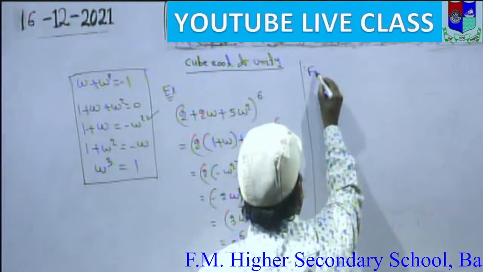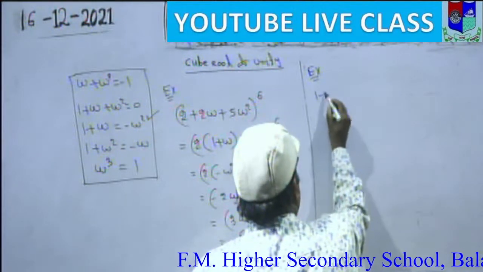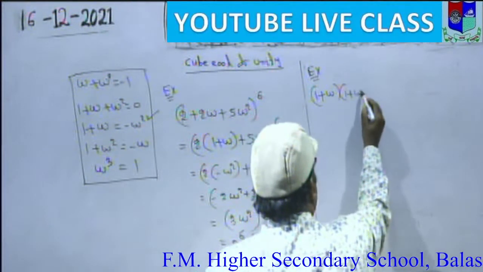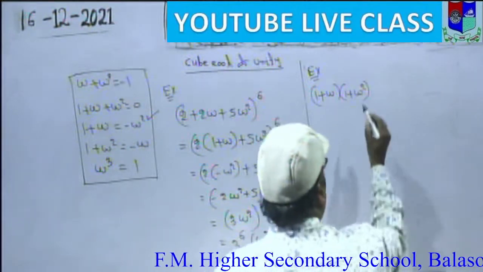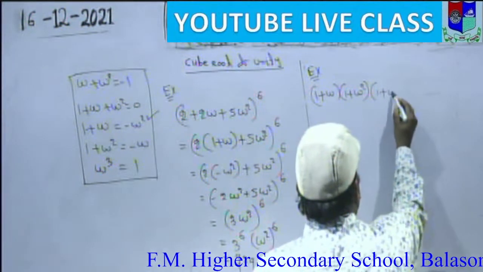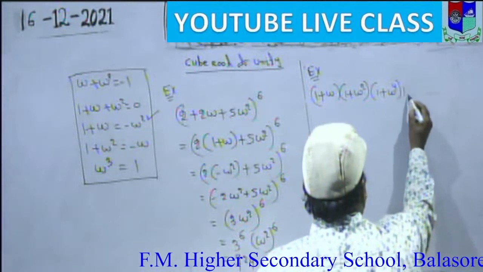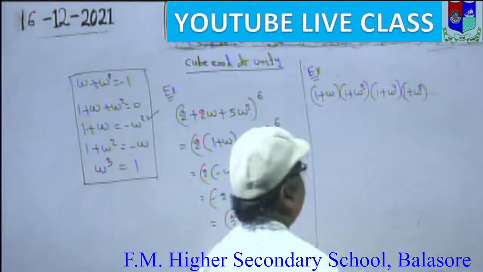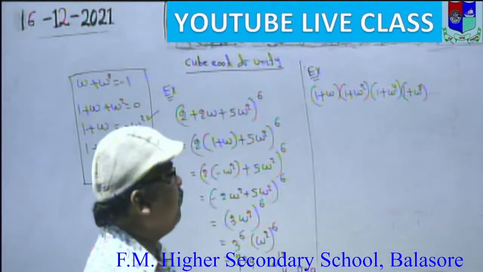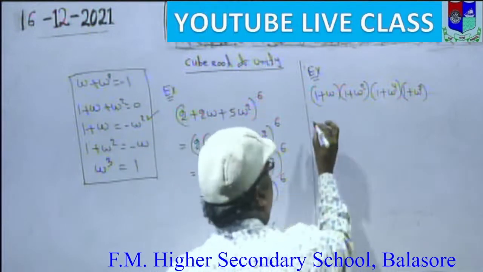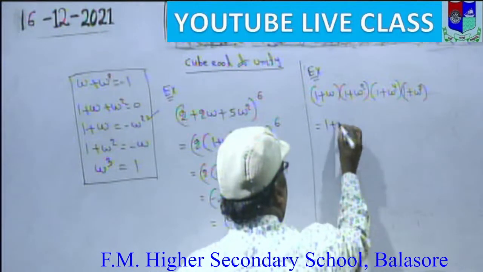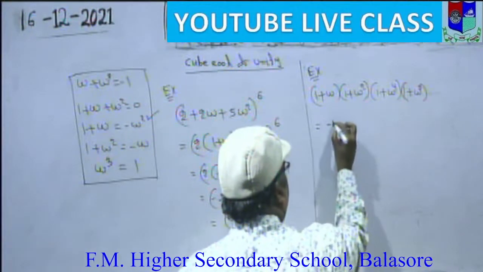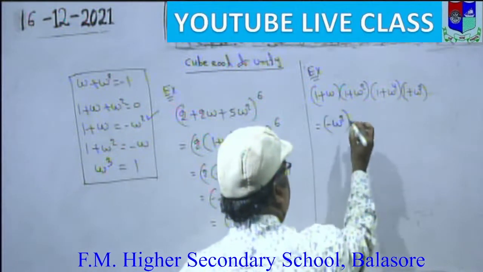Another example. Suppose (1 plus omega) with (1 plus omega square) with (1 plus omega fourth) with (1 plus omega fifth). Now for this 1 plus omega, one can write minus omega square.